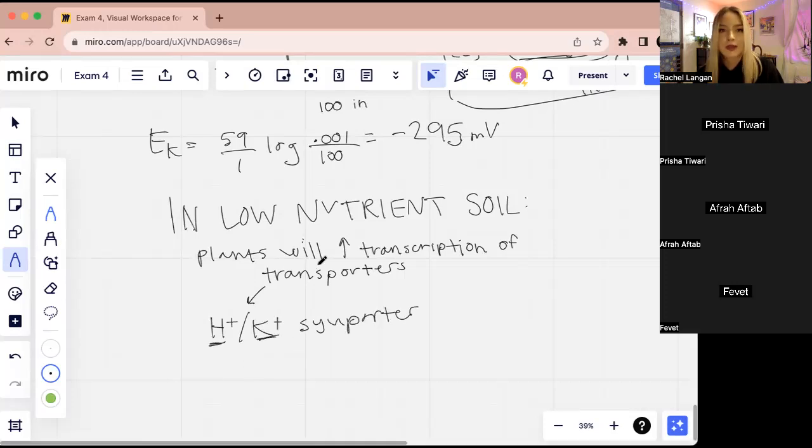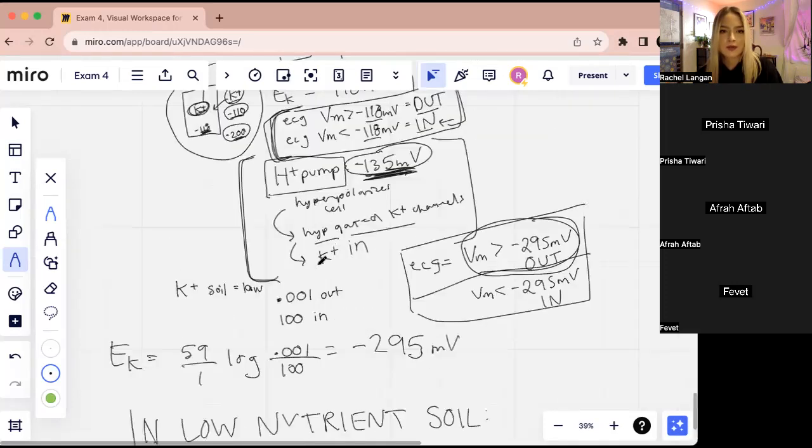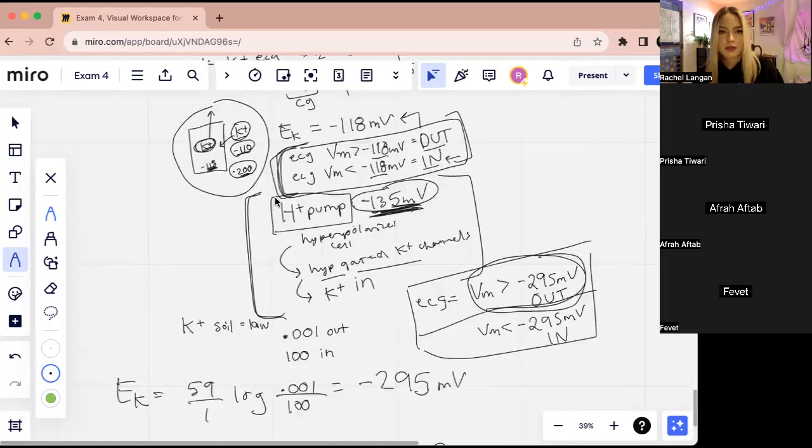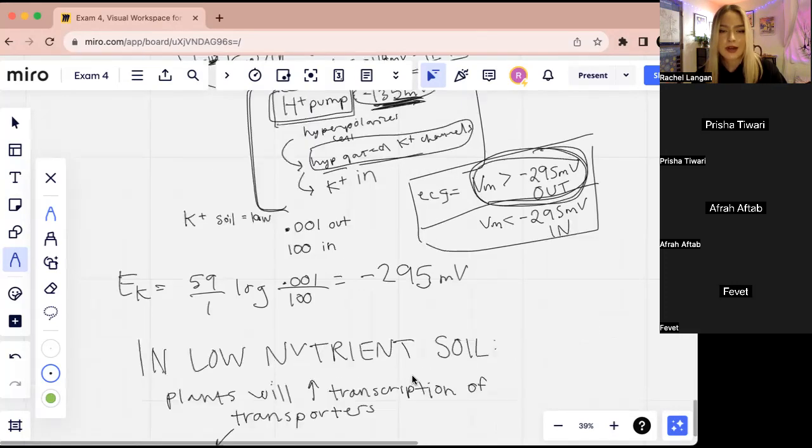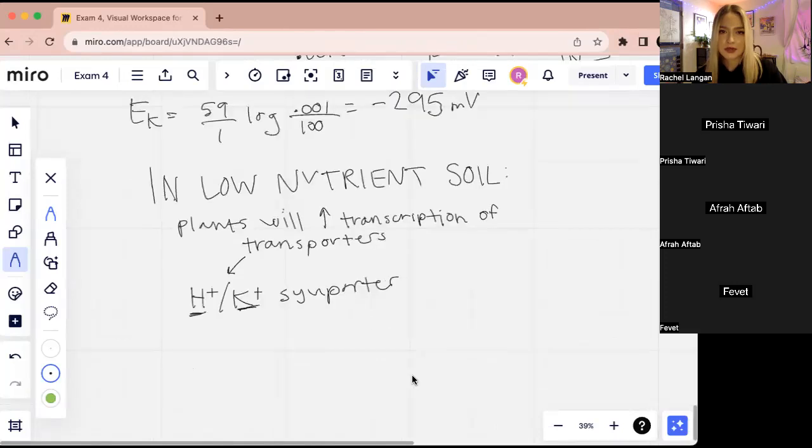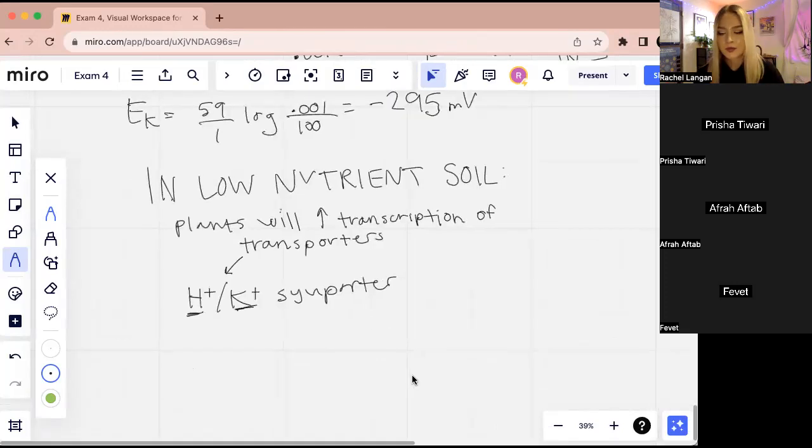So this is great because if we go back here, hydrogen pump is on. These channels are now useless. But if we start to make these symporters, we can still get potassium in, even though potassium's electrochemical gradient is crazy. So this is how plants compensate for low nutrient soil.